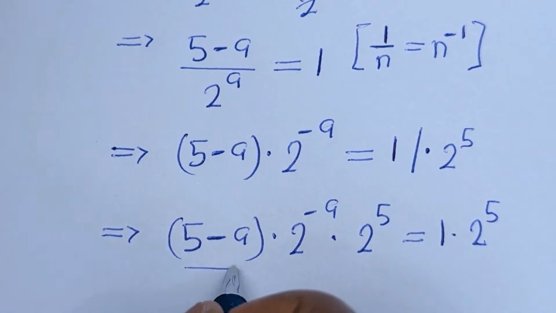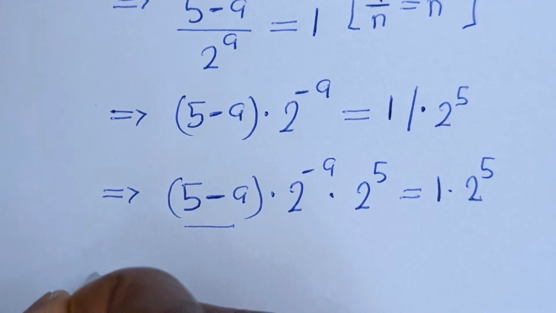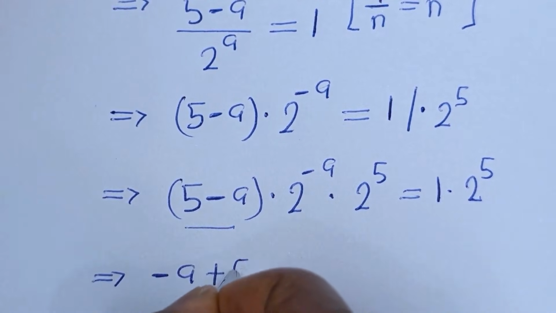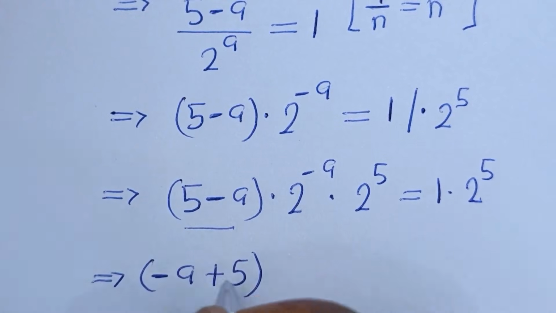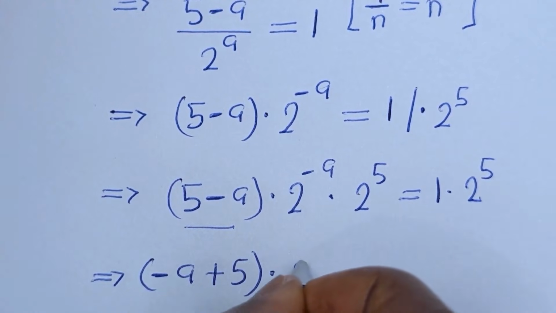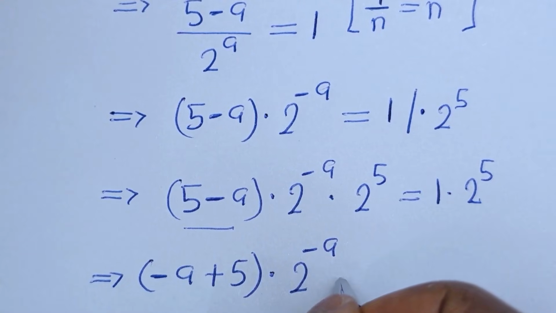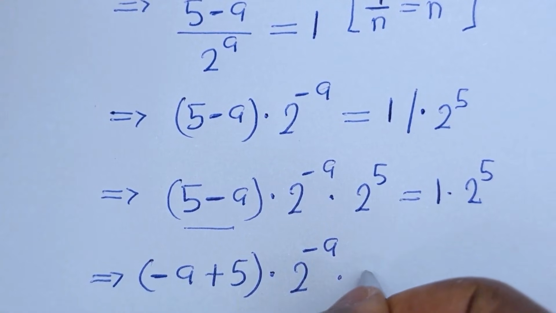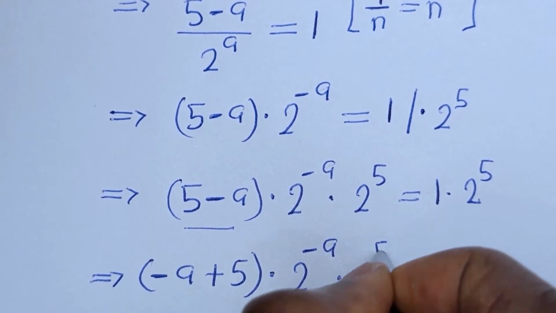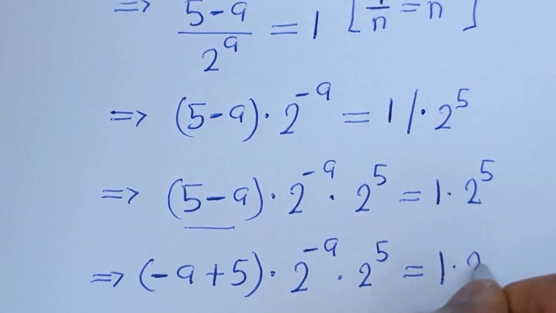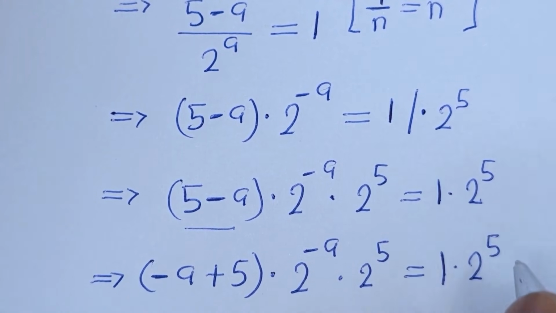Then this can be written as (minus a plus 5) multiplied by 2 raised to power minus a multiplied by 2 raised to power 5 is equal to 1 multiplied by 2 raised to power 5.